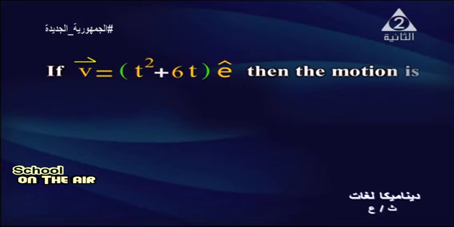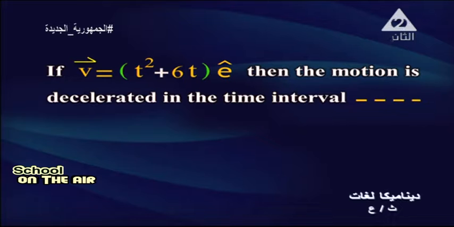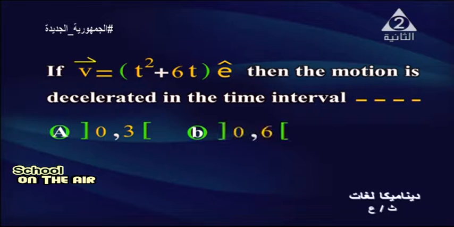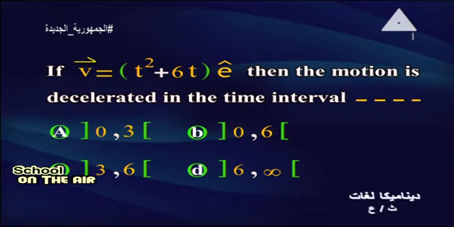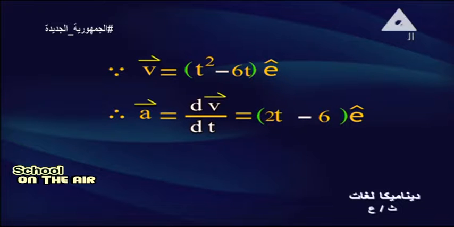Another example. If vector v equals (t² minus 6t) in direction e, then the motion is decelerated in the time interval: open interval 0 and 3, open interval 0 and 6, open interval 3 and 6, or open interval 6 and infinity. Since v vector equals (t² minus 6t) in direction e, then the acceleration a equals dv/dt.